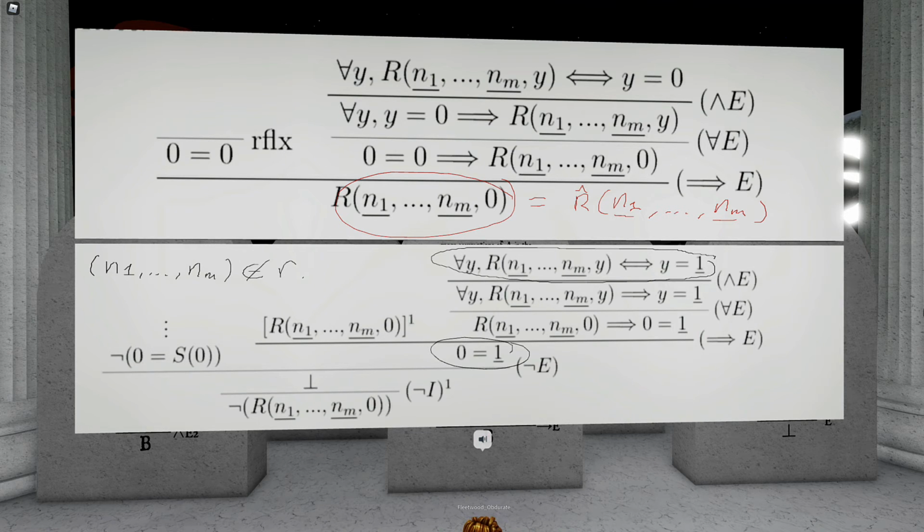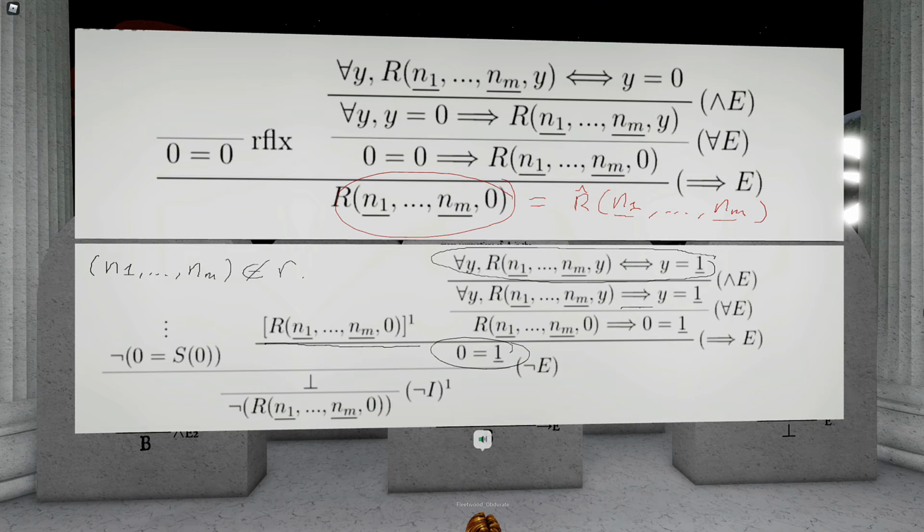We just do that using, well, let's go through it. Okay, so we start at the top and we use conjunction elimination in order to just get this single conditional arrow, because then we can use for all elimination, and we pick the particular constant 0 to be substituted in for y. Okay, and now let's assume it was the case that r n1 up to nm comma 0 was so, right?